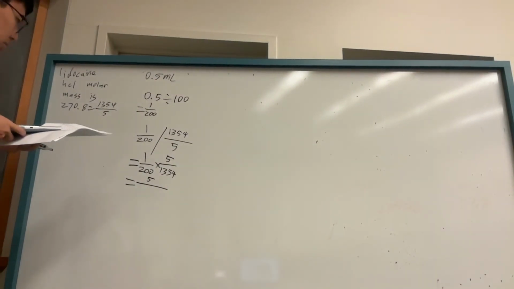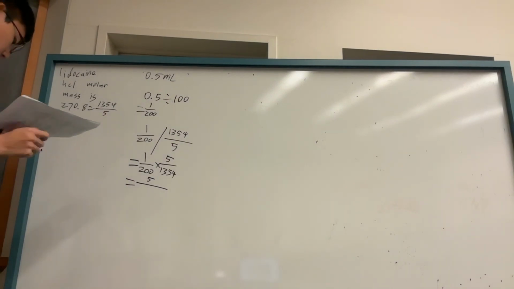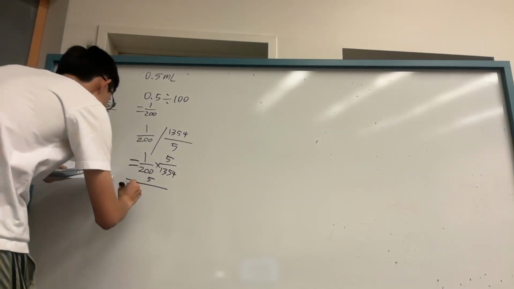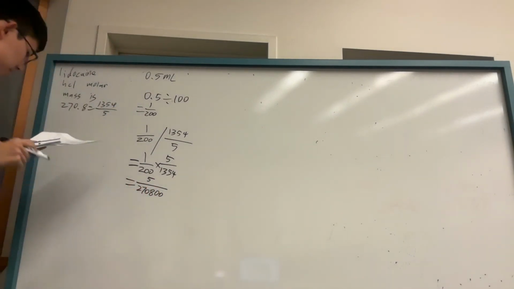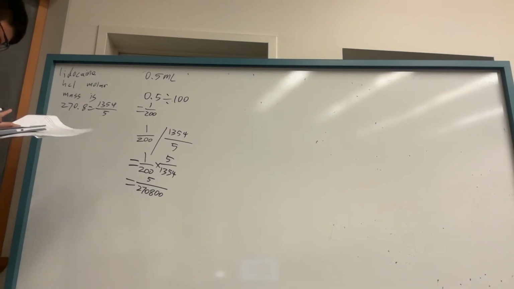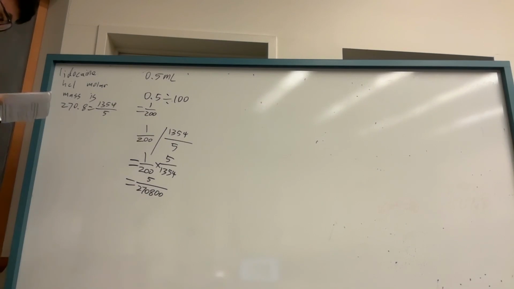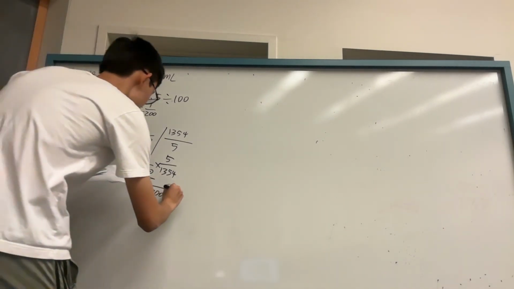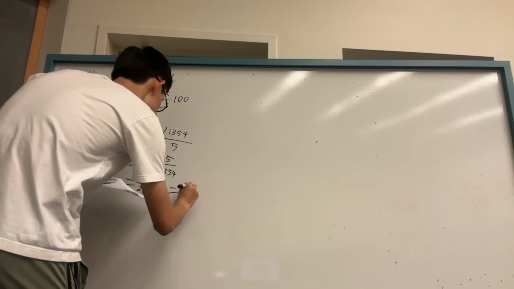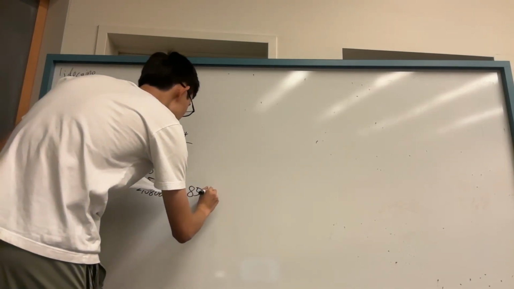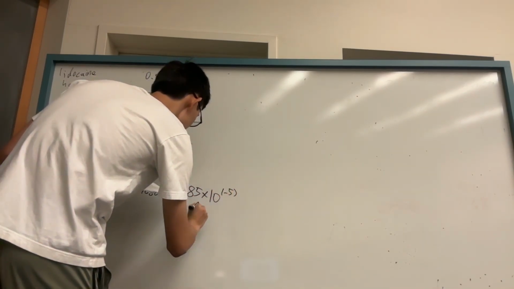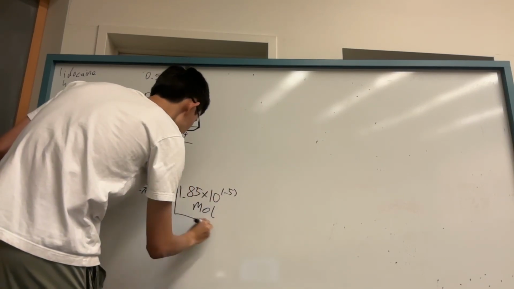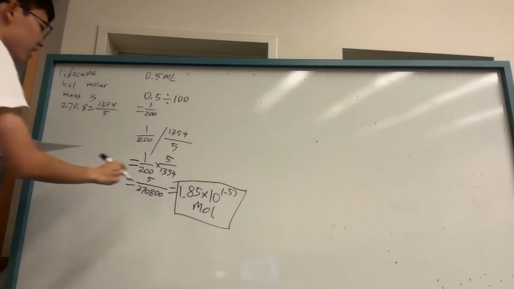And 1354 times 200, this is equal to this number here, which is equal to 1.85 times 10 to the negative fifth moles they're giving to the child in the question here.